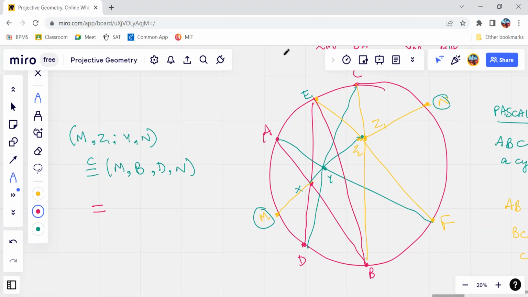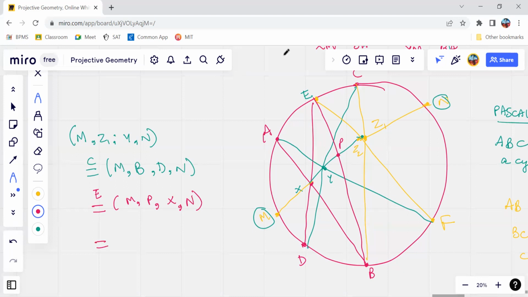Okay, actually, let's project through point E, because why not? Let's project onto this line, and say this point is P. So we'll project through E onto this line. M stays where it is. B goes to P. D goes to X, and N stays where it is.